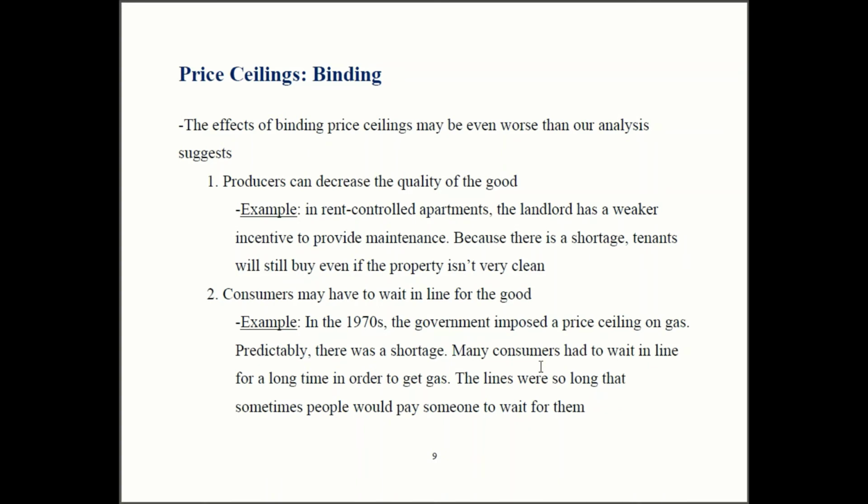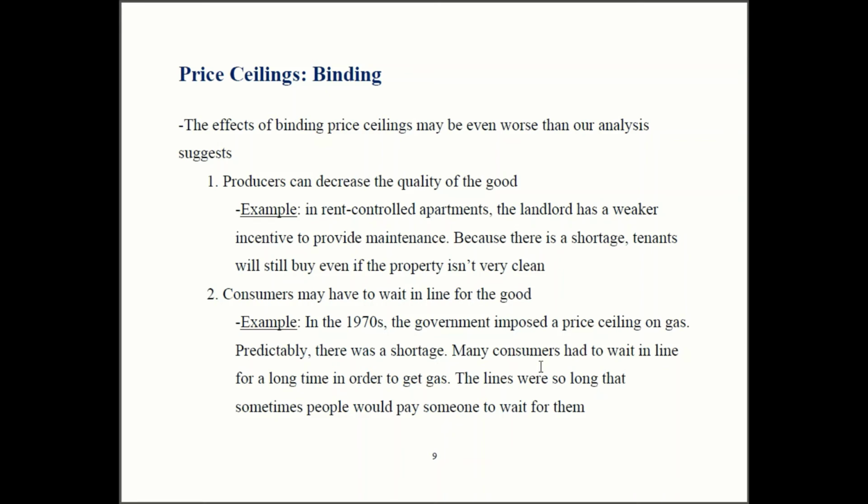One thing producers can do in response to a binding price ceiling is reduce quality. Some cities like New York City have rent control, which is a binding price ceiling on the rent. Now, price ceilings that are binding lead to shortages.